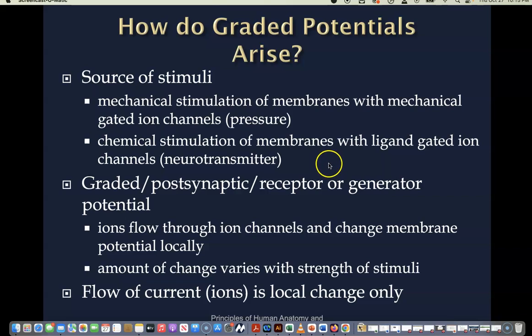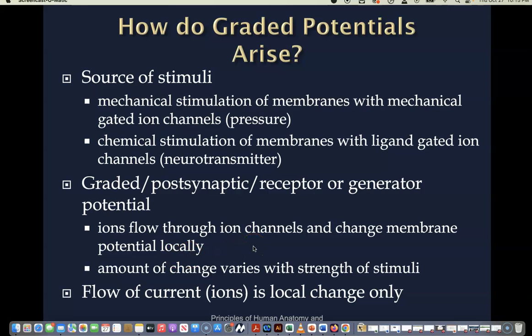A neurotransmitter binds to a receptor on that ion channel, and when it does, it opens that gate, allowing ions to come across the membrane. Graded postsynaptic potentials or generator potentials, all these different names, just basically allow ions to flow through these channels and change the membrane potential.